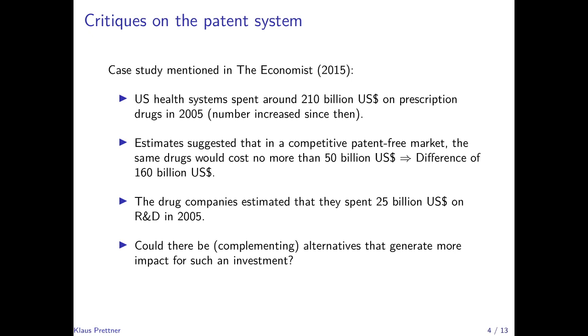What they did was a calculation for the US healthcare system for the year 2005, where they spent around 210 billion US dollars on purchasing prescription drugs. The numbers have surely increased since then due to inflation, population aging, new expensive drugs that came on the market, and so on and so forth. But it's not really important to have up-to-date figures here for grasping the argument.